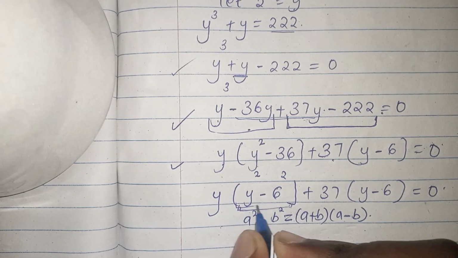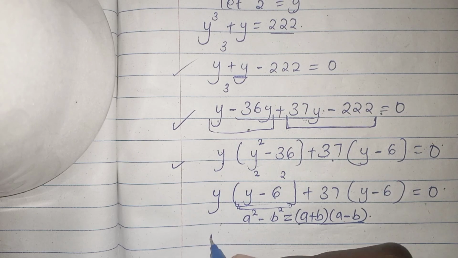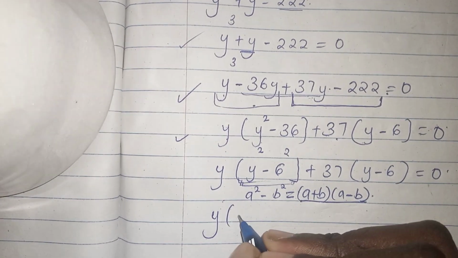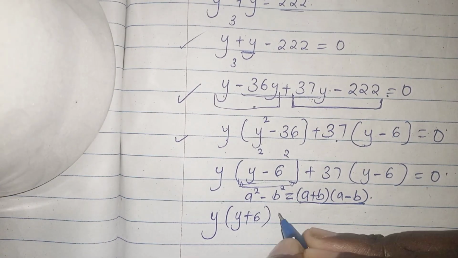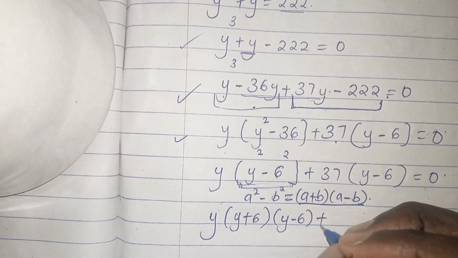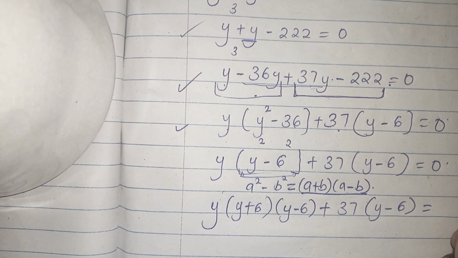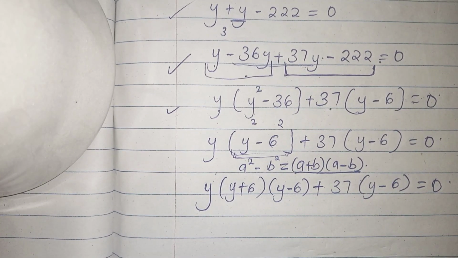So let us express what is in this bracket into this form. So this is then y into, we have y plus 6 into y minus 6, then bracket, plus 37 into y minus 6 is equal to 0.